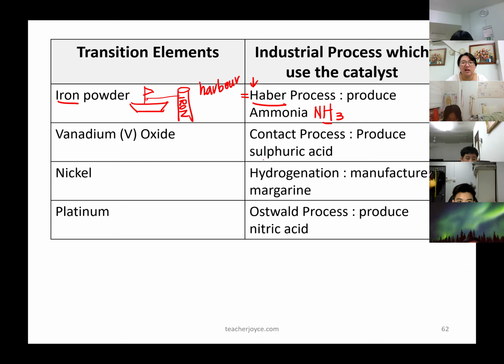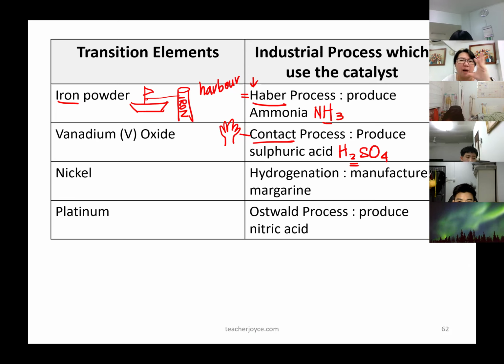Contact process. I want you to remember, contact, we use hand to touch something. We are so afraid to touch this most acidic acid, which is sulfuric acid. You know why? H2SO4. Is it HCl, 1 H only? HNO3 also 1 H only.